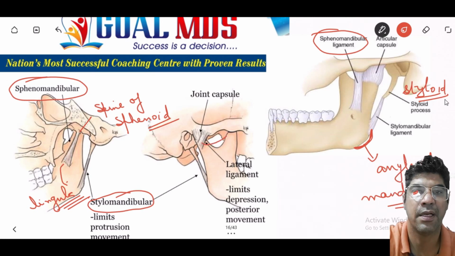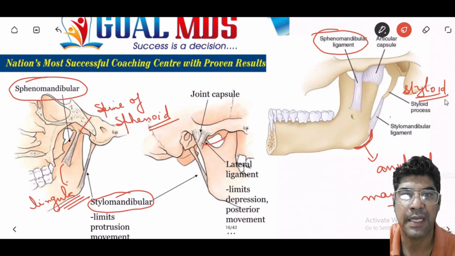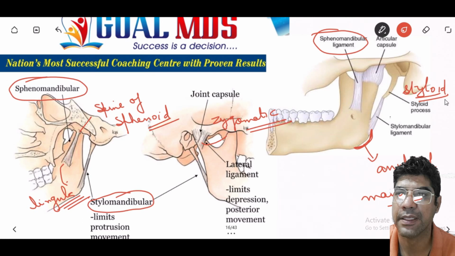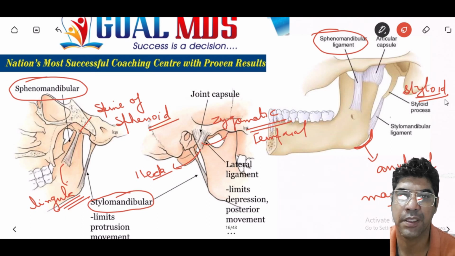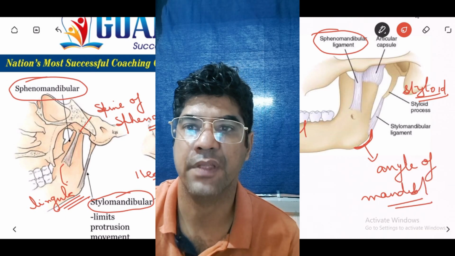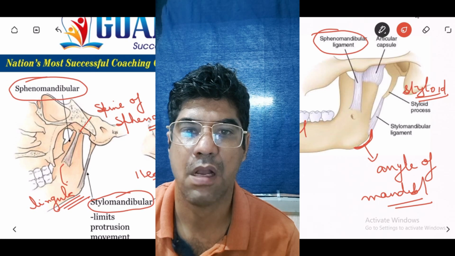The stylomandibular ligament helps in limiting the excessive protrusive movement of the mandible. The other is the lateral ligament. It originates from the zygomatic process of the temporal bone, and it is inserted into the neck of the mandible.